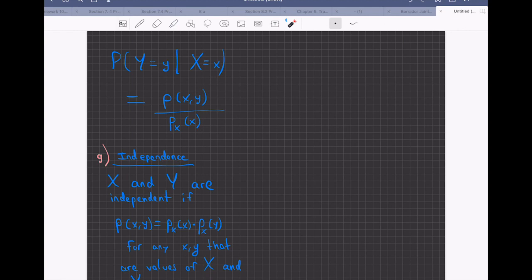When we were talking about probabilities given events, if the probability of the intersection of A and B is the same as the probability of A times the probability of B, here we have something similar. The probability of the joint that X equal to x and Y is equal to y should be the product of the marginal probability of x times the marginal probability of y.